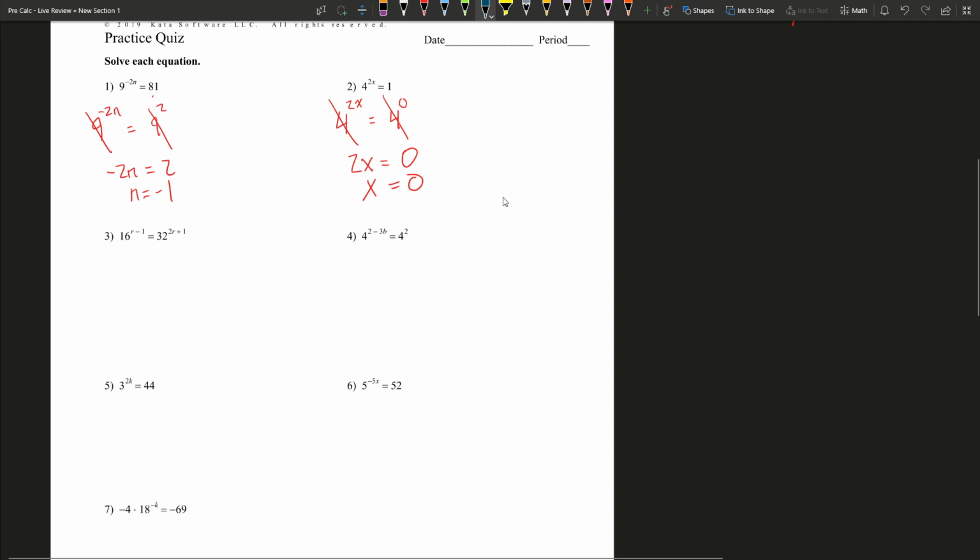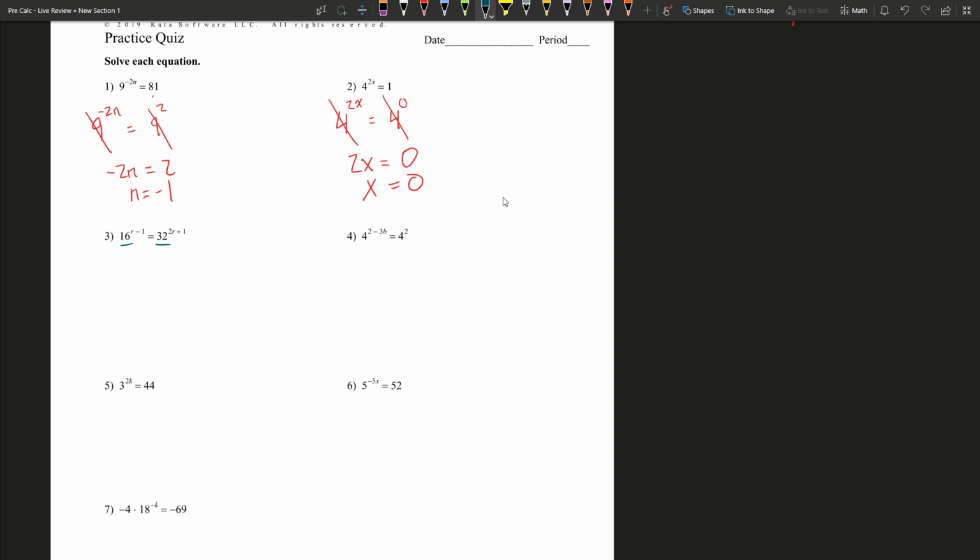Number 3, on the left we have a power of 16, on the right we have a power of 32. So we need a common base between those two. My initial thought is to use 4 because 4 squared is 16, but 4 cubed isn't 32, so we need something a little bit smaller. So let's try 2.